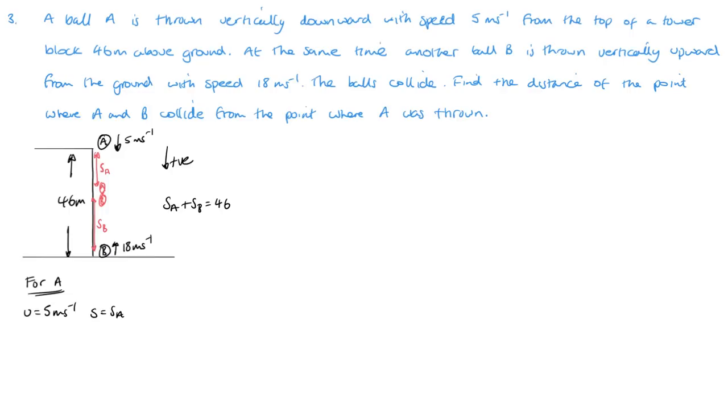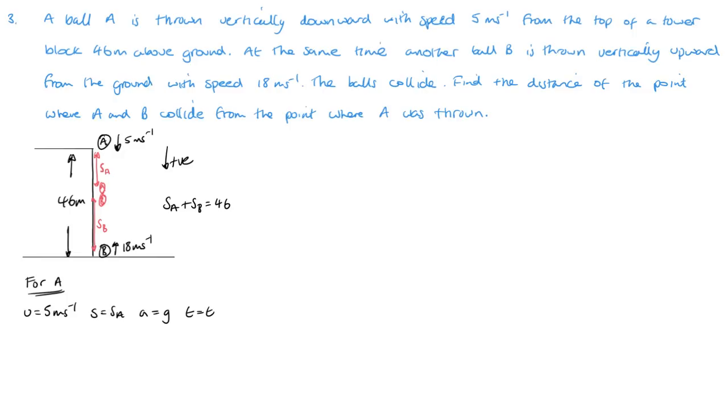And then we have a is equal to g, and t is equal to t, because the time is going to be exactly the same for A as it is for B. So what I want to do is effectively find an expression for t, and then I can equate those two t's because they'd be equal, and then I'd have an expression with SA and SB in it.